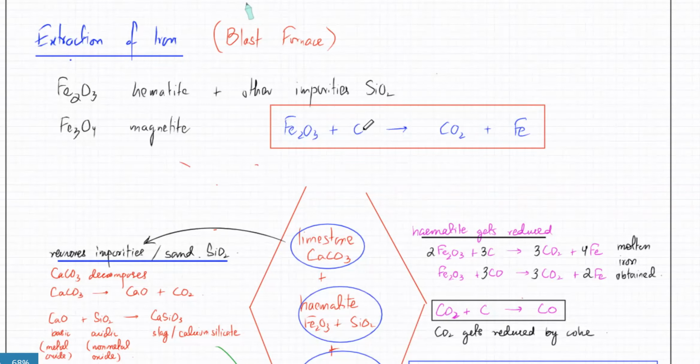What you need to do is react it with carbon, so that carbon, being more reactive than iron, would be able to pull the oxygens away from iron.